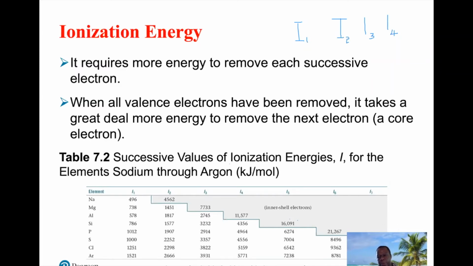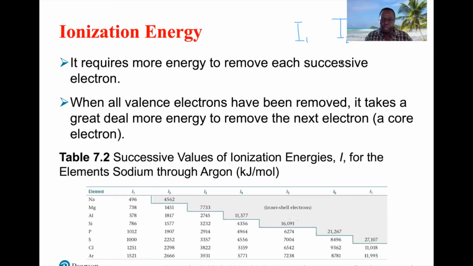The seventh means to remove the seventh electron. We only have one valence electron for sodium, and the amount of energy required to remove that one electron, the first ionization energy, is 496 kilojoules.